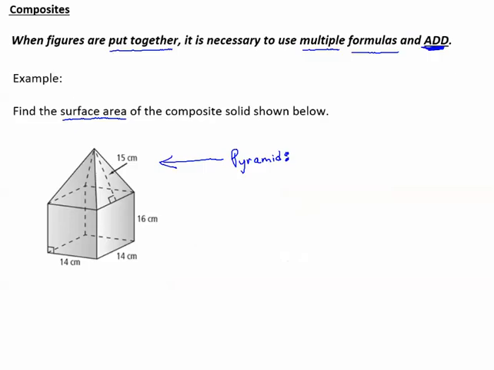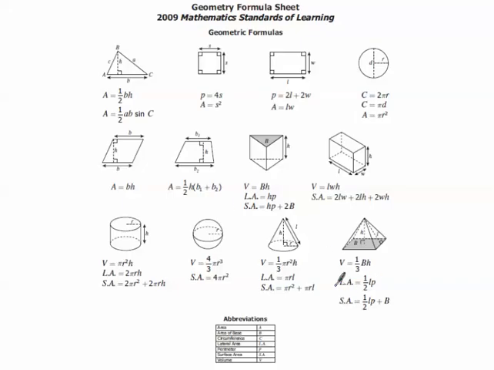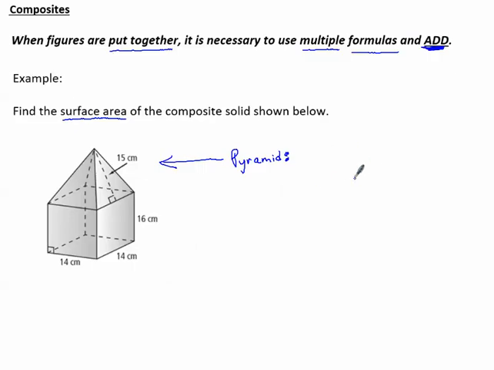However, because these two solids are put together, we don't actually have the bottom face of the pyramid. So that means we only want the sides of the pyramid. So we actually need to use the lateral area formula, 1/2 LP. So let's write down for our pyramid that we want the lateral area, 1/2 times L times P.